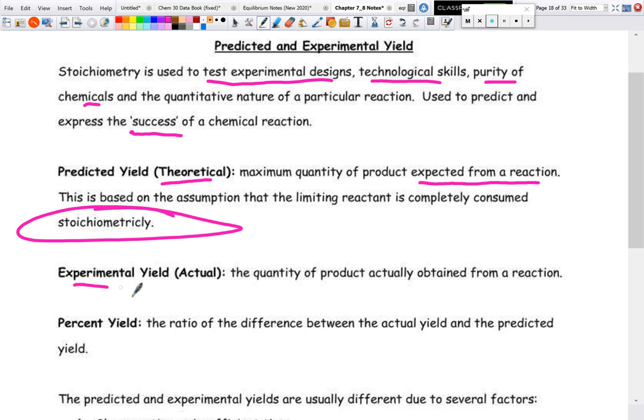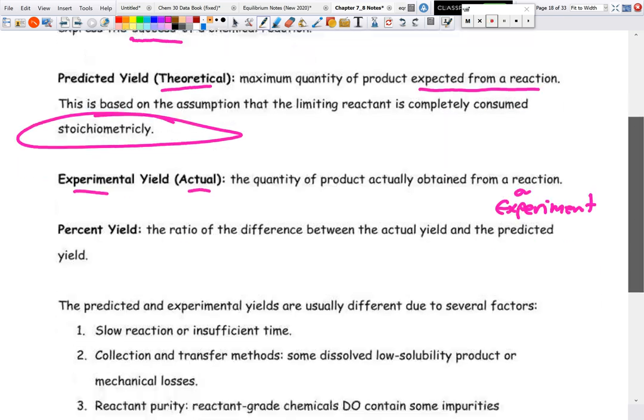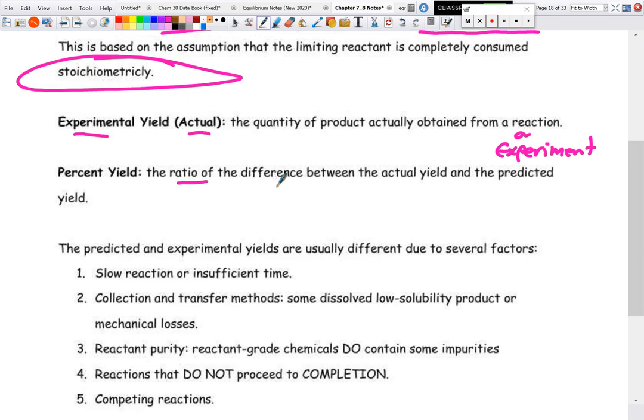Now, our experimental yield, or our actual yield, this is what we obtain from our reaction or experiment. So it's what you physically have at the end of a reaction. And percent yield, it's a ratio or a difference between the actual yield and predicted yield expressed as a percent.